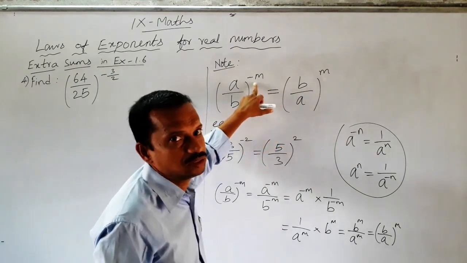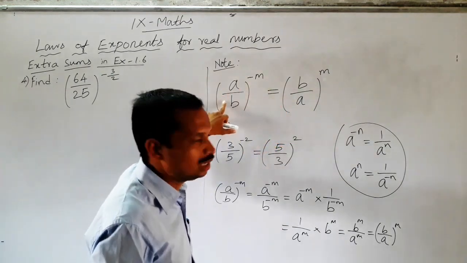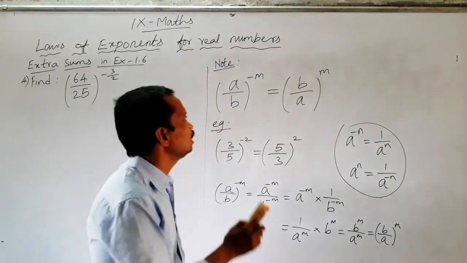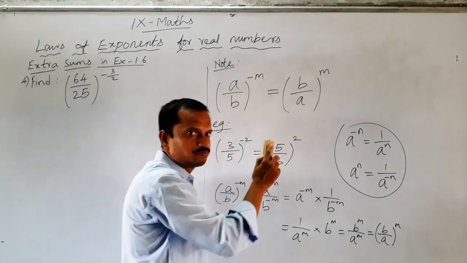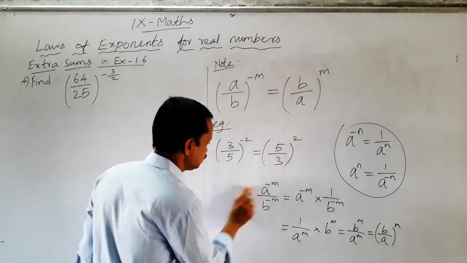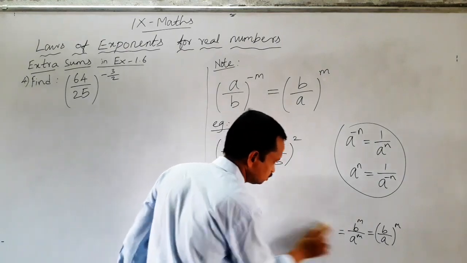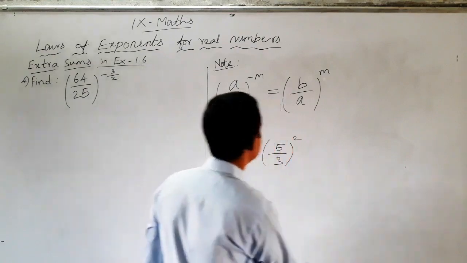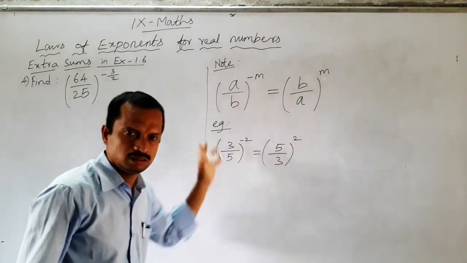And what is the change? While taking the reciprocal, the sign of the exponent will change. You see, a by b becomes b by a, and minus m becomes m. So this is the way. Just take the example. This is the explanation. Clear? So this is the way of doing this. Just take this down in your notes.